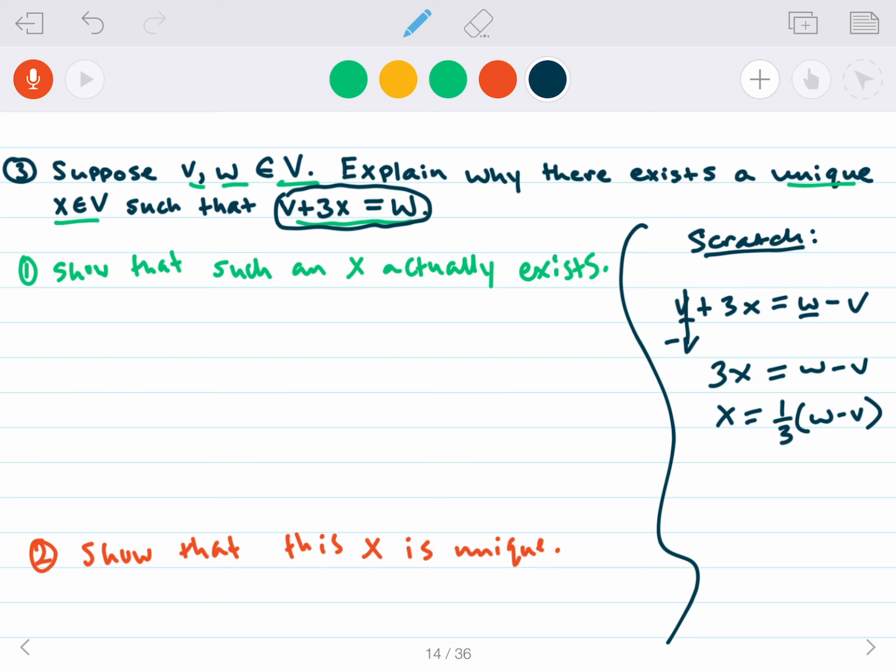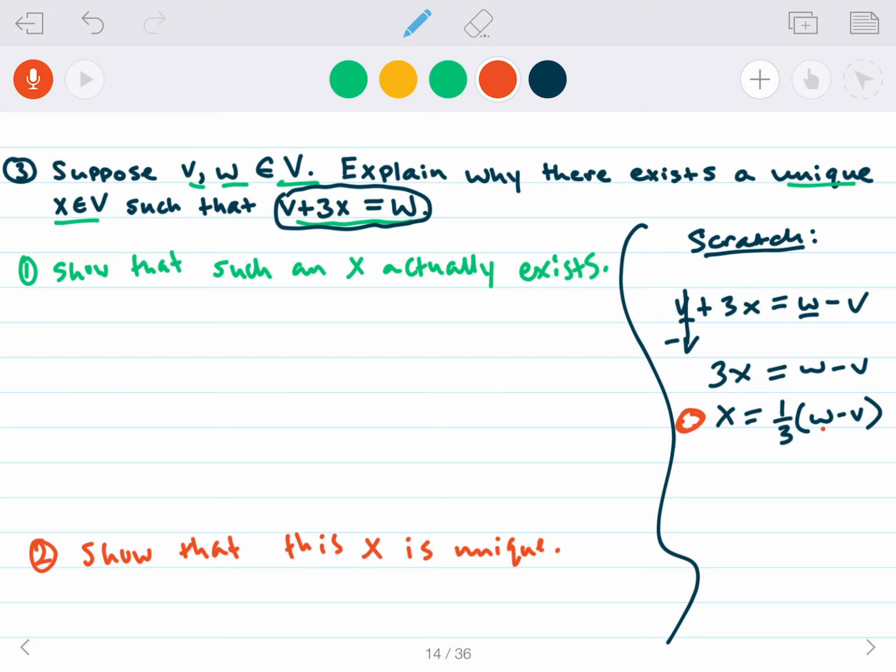So that's x, and does such an x exist in this vector space? The answer is yes. Why is x actually in V?